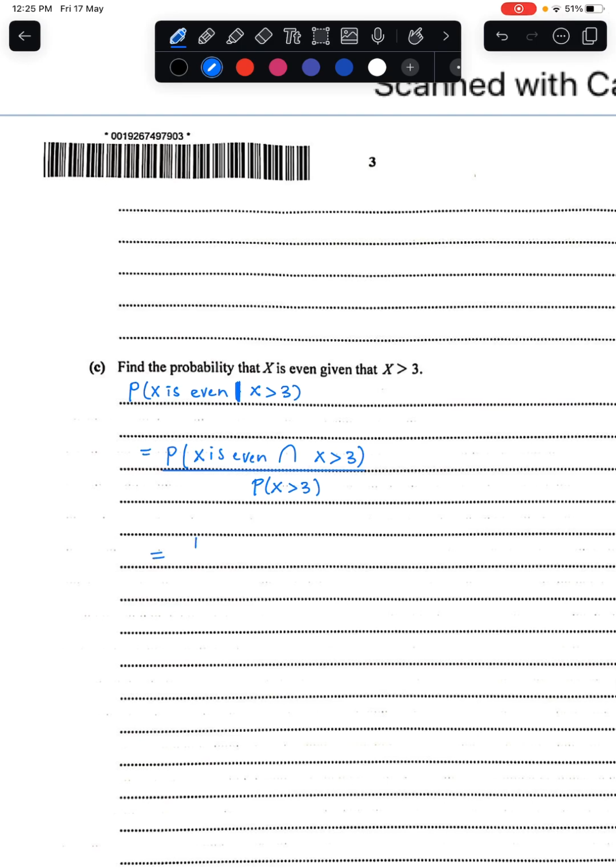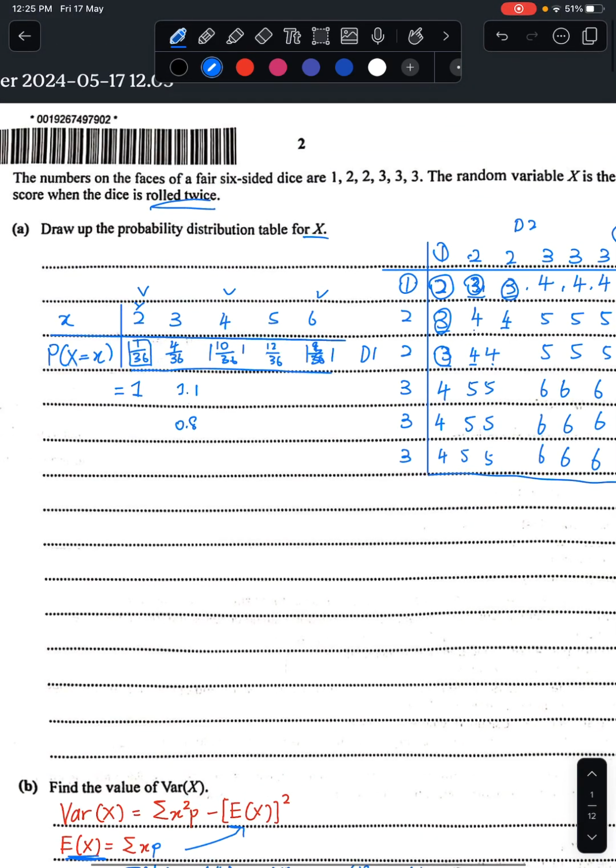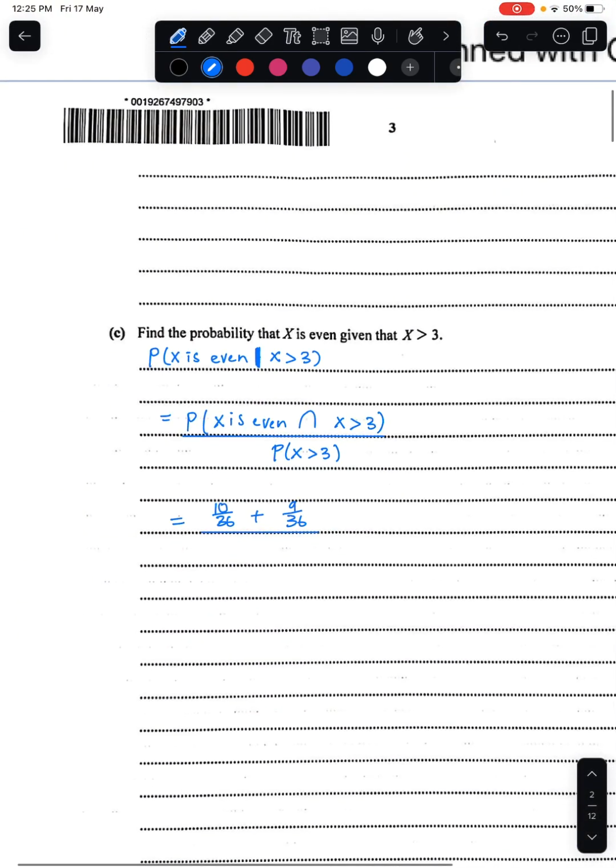So 10 out of 36 plus 9 out of 36, divided by the probability that x is bigger than 3: 4, 5, 6. You just add these three values up. So 10 over 36 plus 12 over 36 plus 9 over 36. Then you put them in your calculator, and you will get 19 over 31.